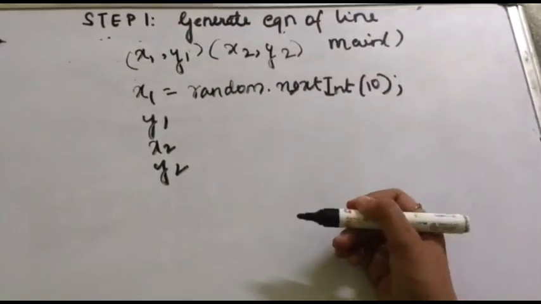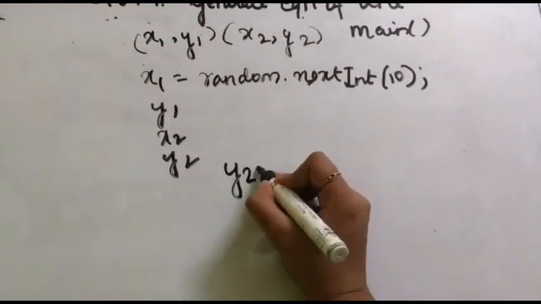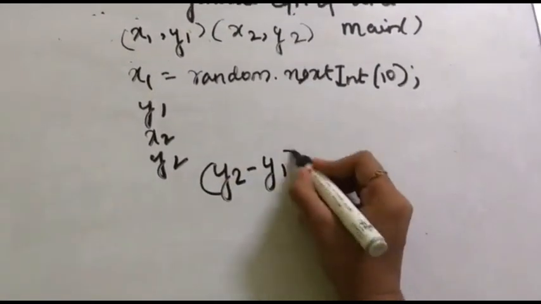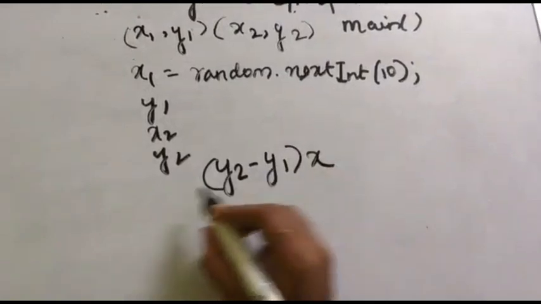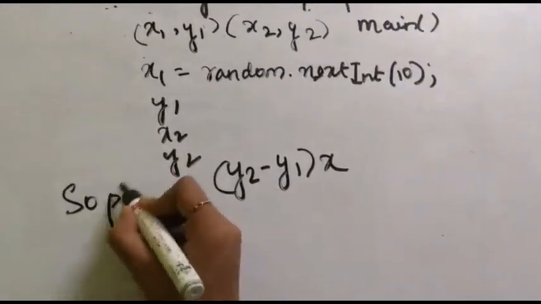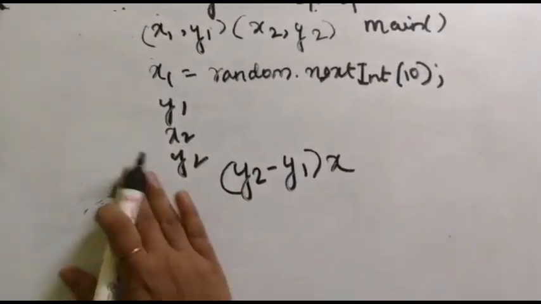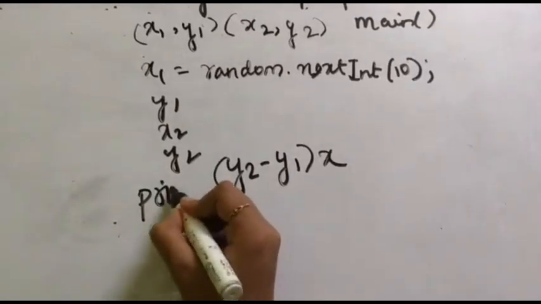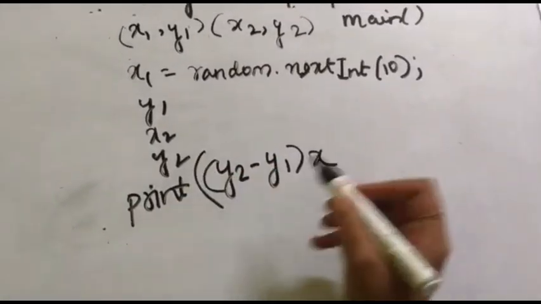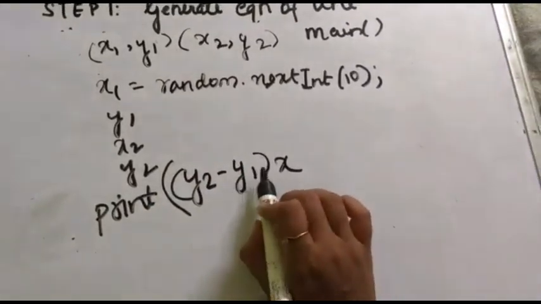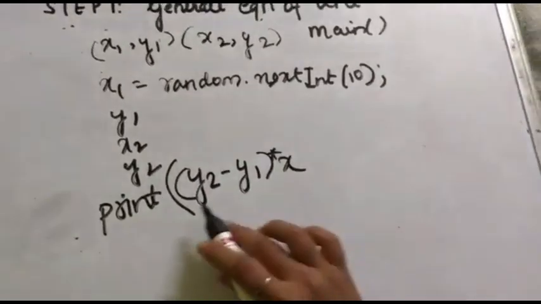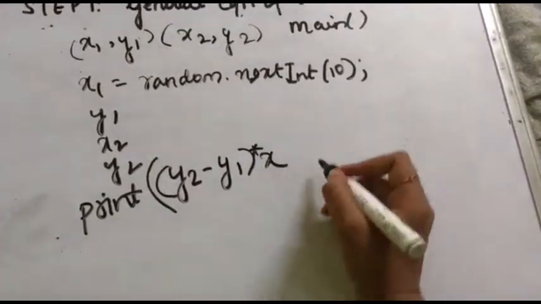So how do we find the equation? Using the formula like (y2 minus y1) into x. Now we have to print it, like this will be the print statement if you're using Java, or let us not be language specific. So (y2 minus y1) into x, this is being printed, right?